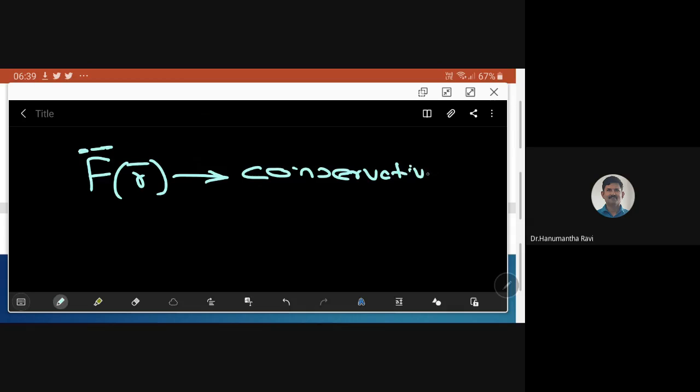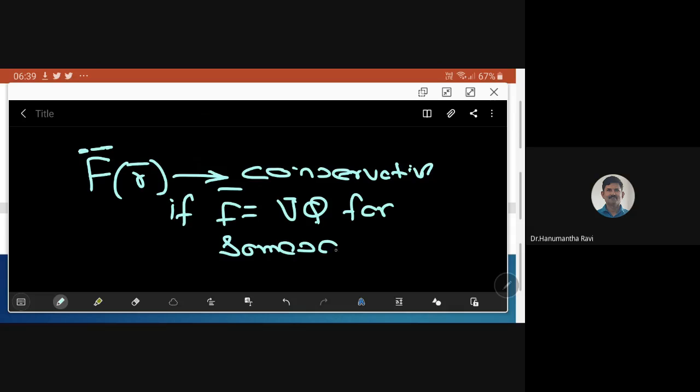If you are dealing with f bar, that is a vector field, we can say that it is a conservative vector field if f bar is equal to grad phi for some scalar field.